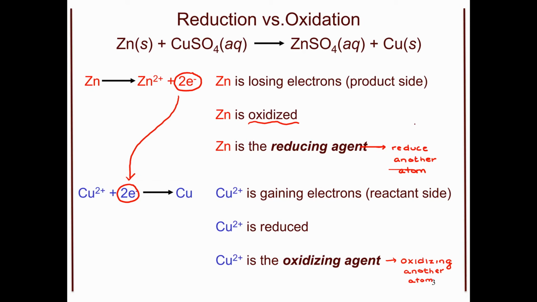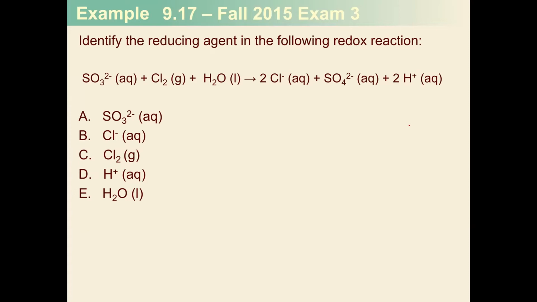Let's take a look at this in an example. This is an example from the fall of 2015. So let's identify the reducing agent in the following redox reaction. Now with it being a reducing agent, we know that we must look at one of our reactants. So let's work through the terminology.